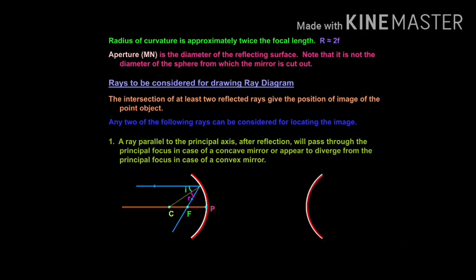The same can be done for the concave mirror too. This is my concave mirror, this is the pole, the center of curvature, and this is my principal axis, and the light ray is coming parallel to the principal axis. After reflection, if I draw it on the back side, it will meet at a point, and that point is called the focus.